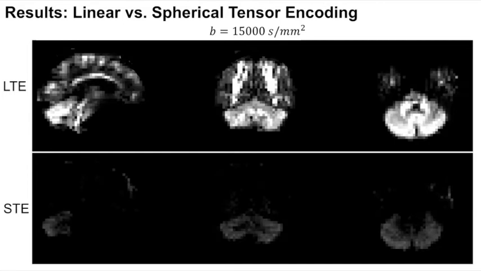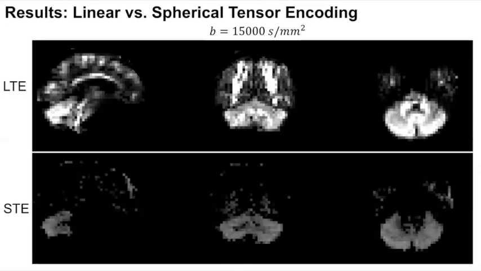If the diffusion time is longer than the diffusion length, this becomes like a stick, and you will never lose this signal if you go to very high B values. And then for the spherical tensor encoding, you suppress all of that, and you're really only looking at isotropic restricted compartments. And this is just re-windowing that signal to appreciate a little bit more that there is still significant signal.